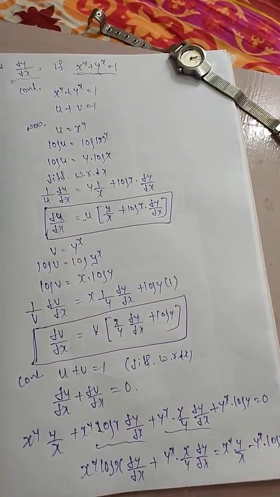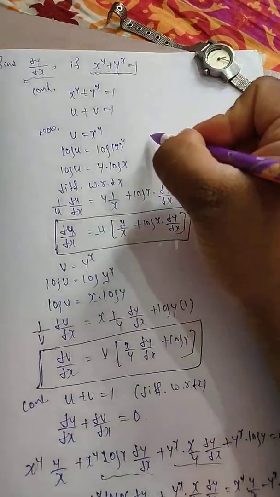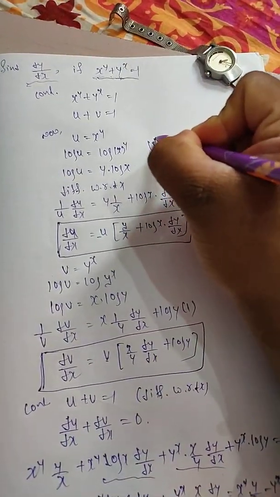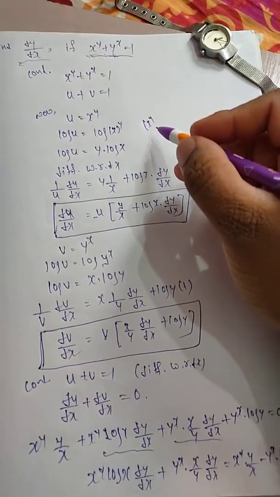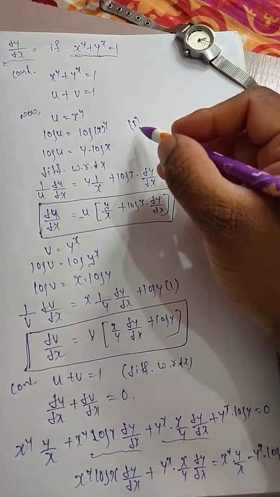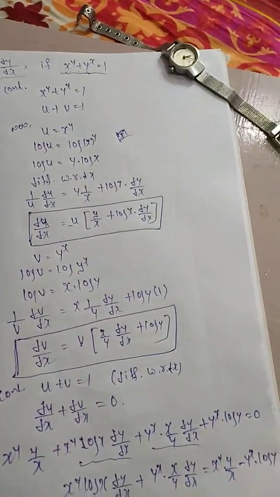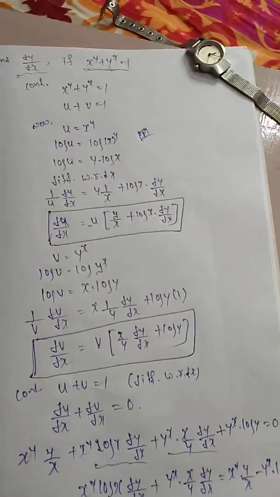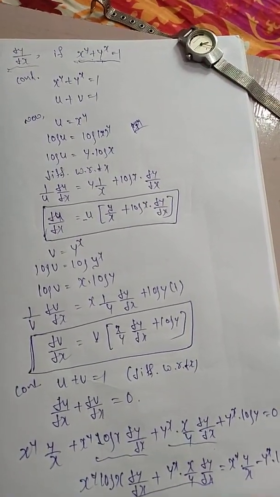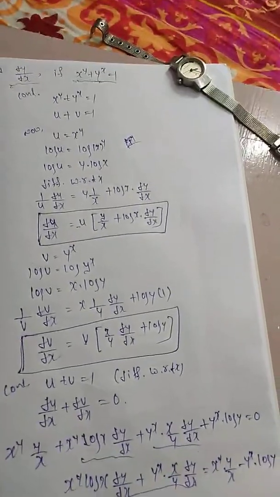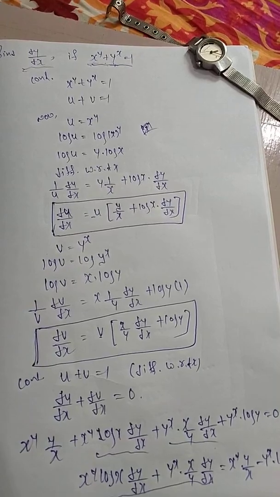Now take dy by dx as a common factor. Do it by yourself: take dy by dx as common and cross multiply this term to the right side. So this is the end of the problem. Is it clear? The rest of the steps you people will do.